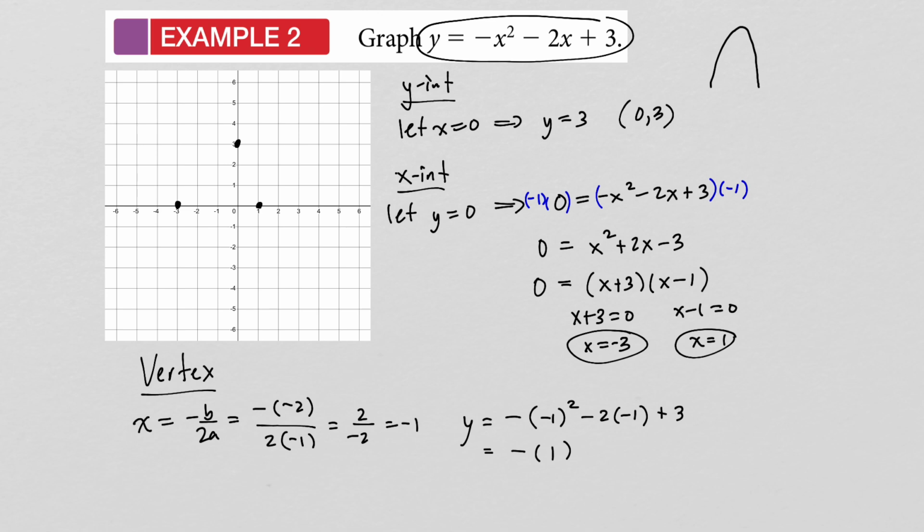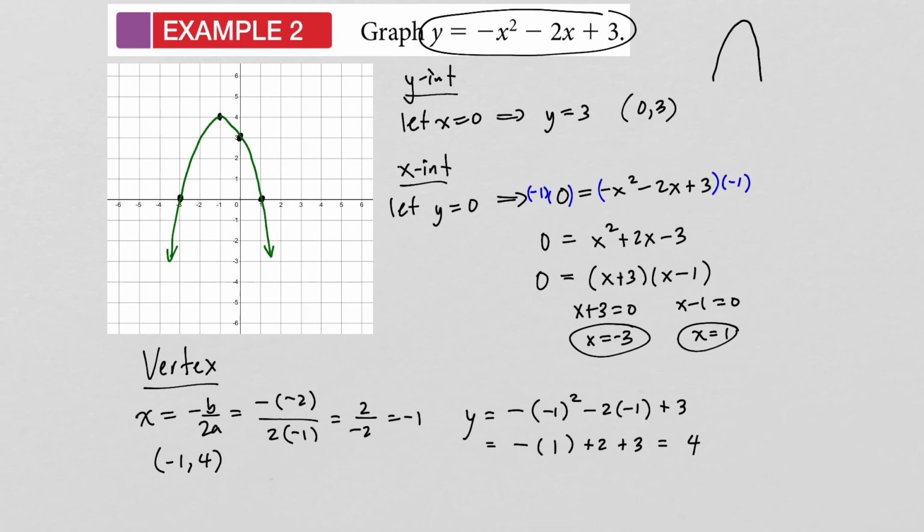Minus 2 times -1 is plus 2, and then plus 3. And this is -1 plus 5, which is positive 4. So the vertex occurs at the point x equals -1, y equals 4, which is right here. And then we can sketch the graph. All right, and there it is.